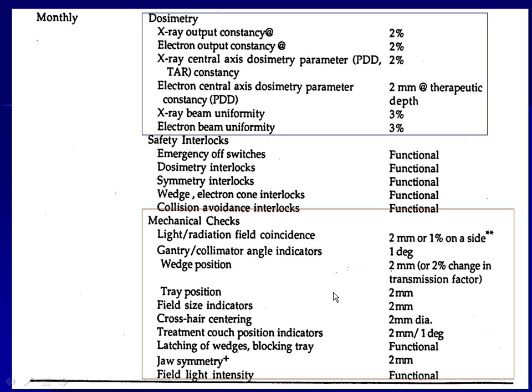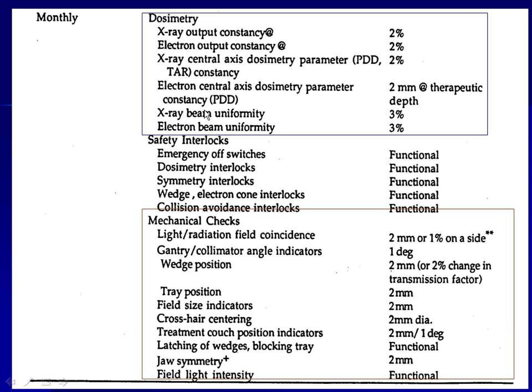These are all things we check. And then on a monthly basis, we do a more detailed output check of the dosimetry, including taking a look at some characteristic of the depth dose of both photons and electrons, and making sure that the beam has stayed uniform throughout the month.